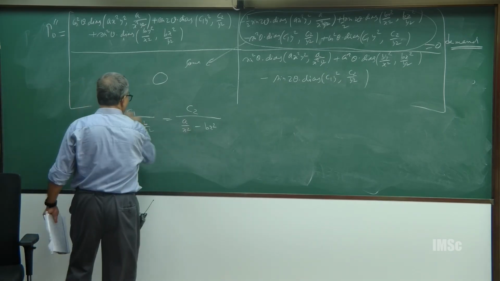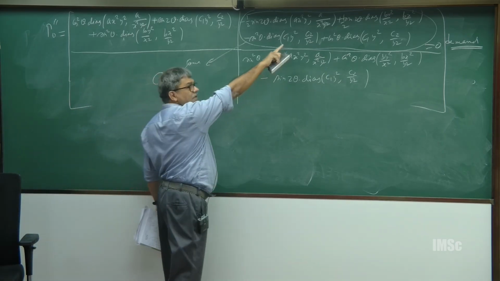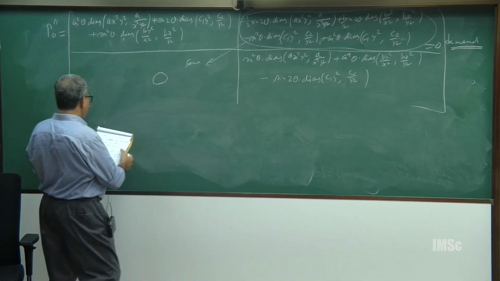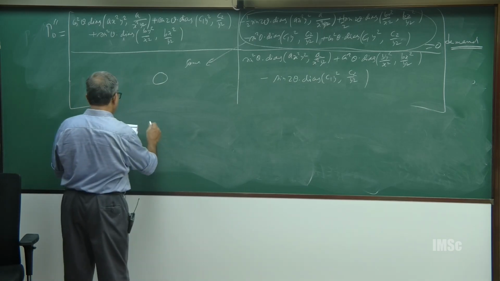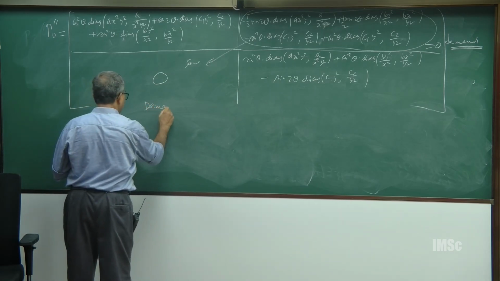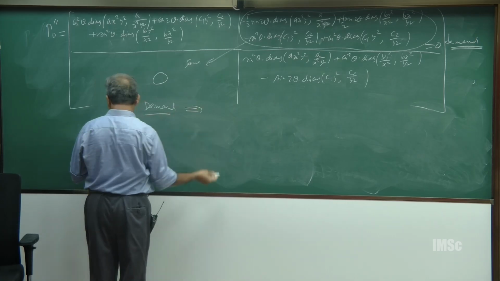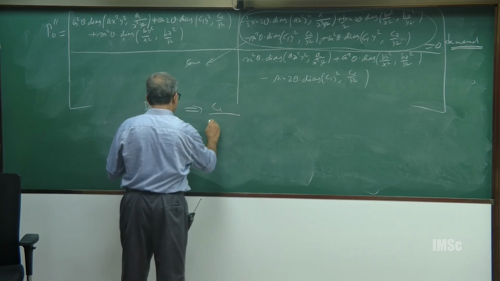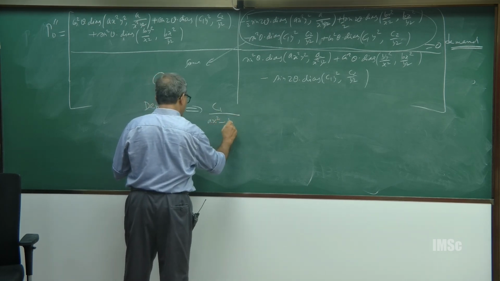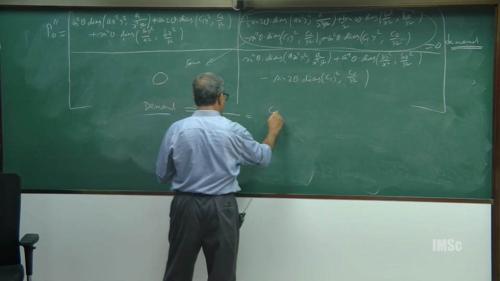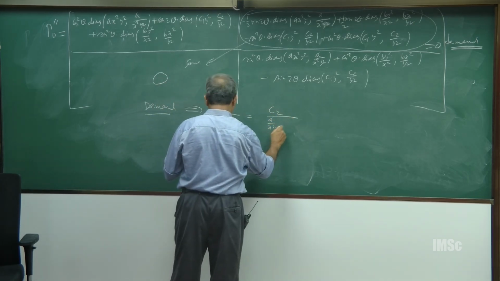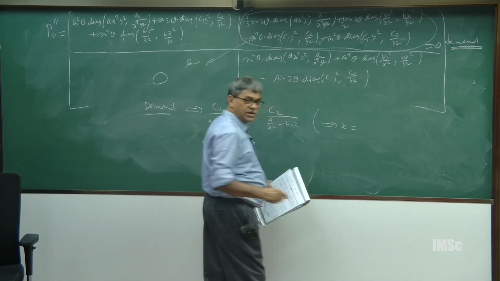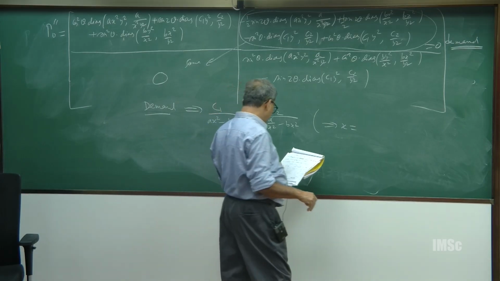So, this demand that this should be 0 will lead you to this condition: C 1 by a x square minus b by x square is equal to C 2 by a by x square minus b x square, and this will give you the value of x. Because if you solve it, it will give you some value of x.